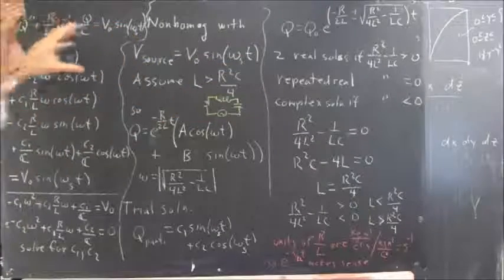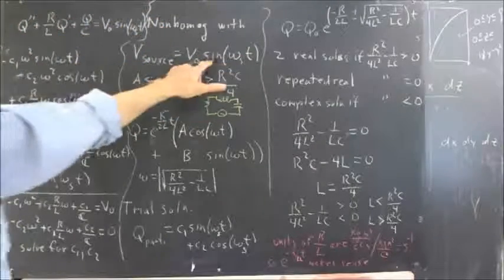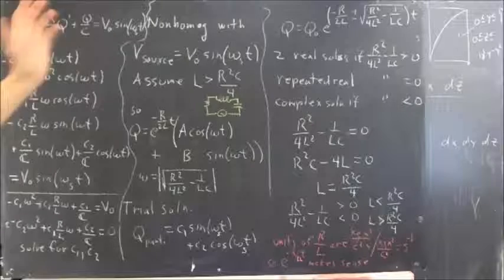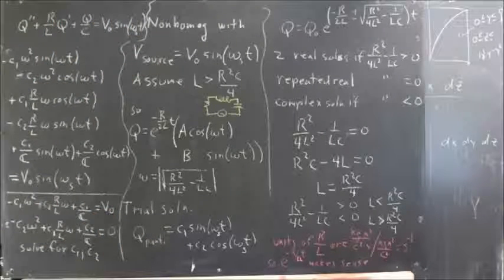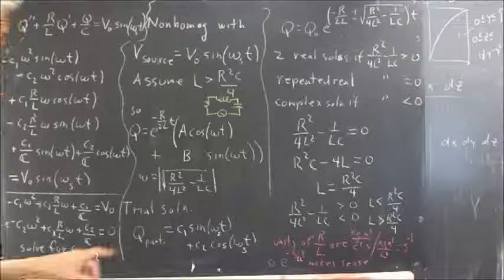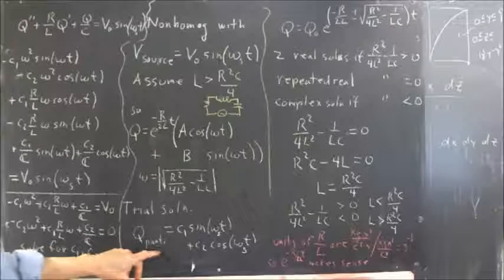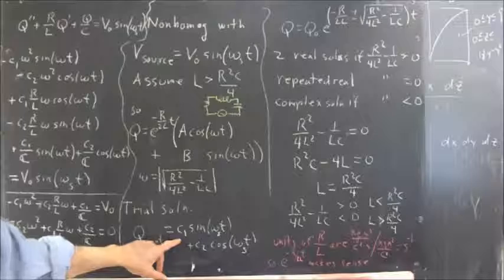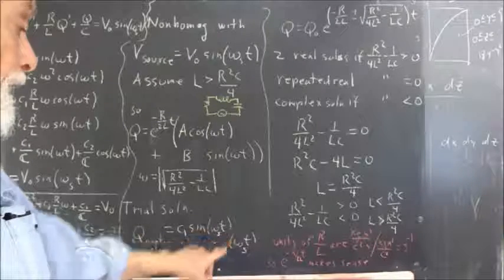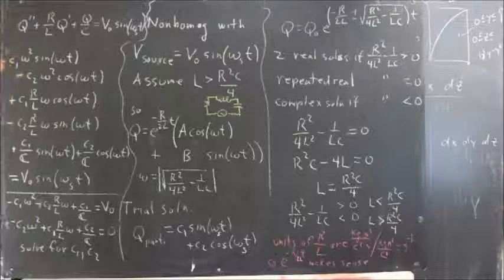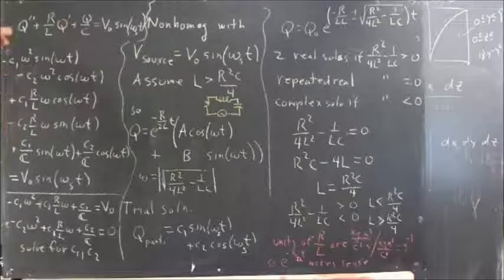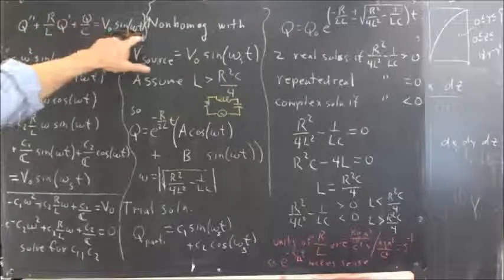The only way a series of derivatives can give us a sine function is for each of the terms to be either a sine or a cosine function, or some combination thereof. So our particular solution is going to be C1 times the sine of omega s t plus C2 times the cosine of omega s t.